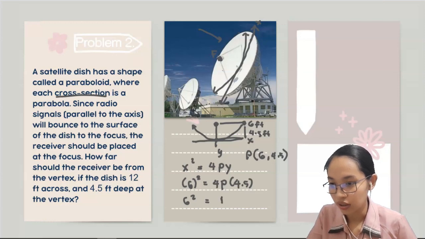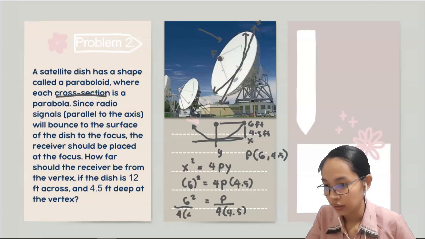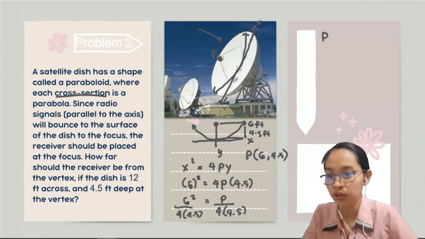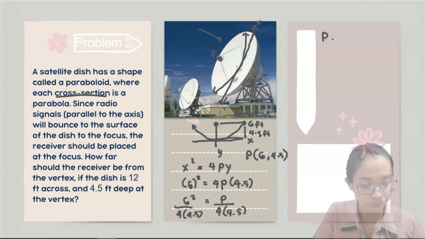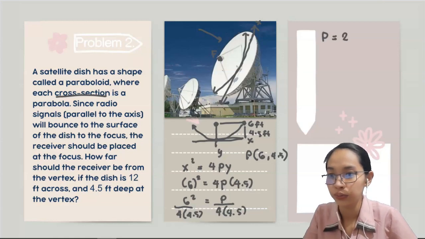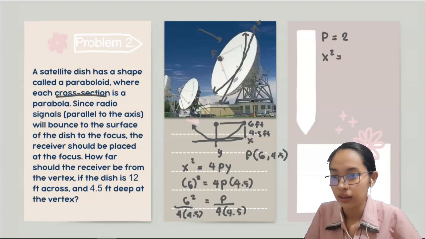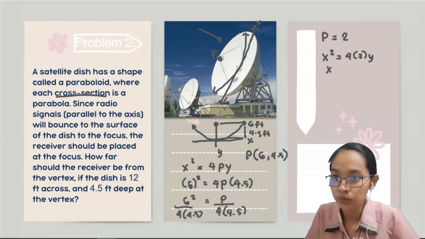Pwede natin i-divide yan. So we have P divided by 4 times 4.5 and then 4 times 4.5. Therefore, using your calculator, that is equal to 2. Therefore, P is equal to 2. Our given equation then is x squared equals 4 times 2y, or that is x squared is equal to 8y.